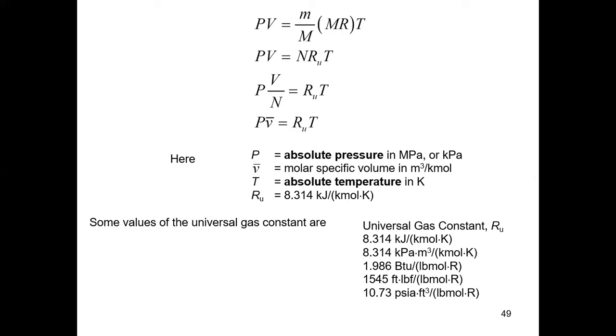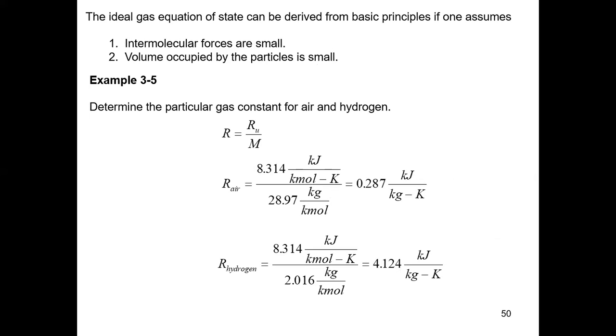Why? Because capital V is divided by N, N is the total number of moles. So capital V divided by N is the molar specific volume indicated by the symbol v bar. Some of the values of universal gas constant are given here, and here they're doing a problem.